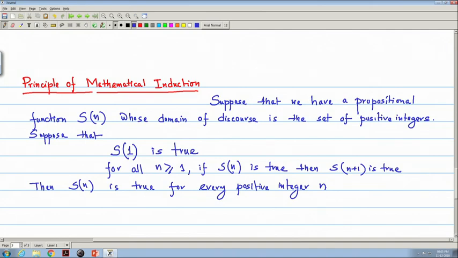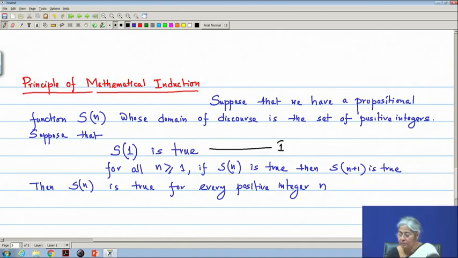Now, we have taken one propositional function Sn and we assume that S1 is true. This is number 1, and for all n greater than or equal to 1, if Sn is true, then it is given that Sn plus 1 is true.